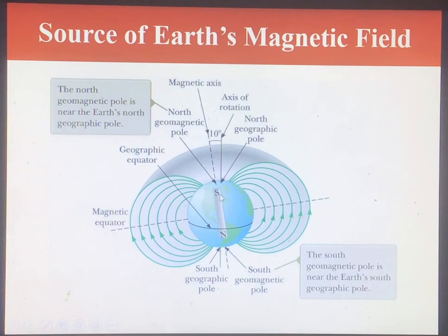So the Earth itself is acting as a bar magnet, and the Earth does produce a magnetic field. It's a very weak magnetic field, about 10 to the negative 5 Tesla, but it's acting as a bar magnet.